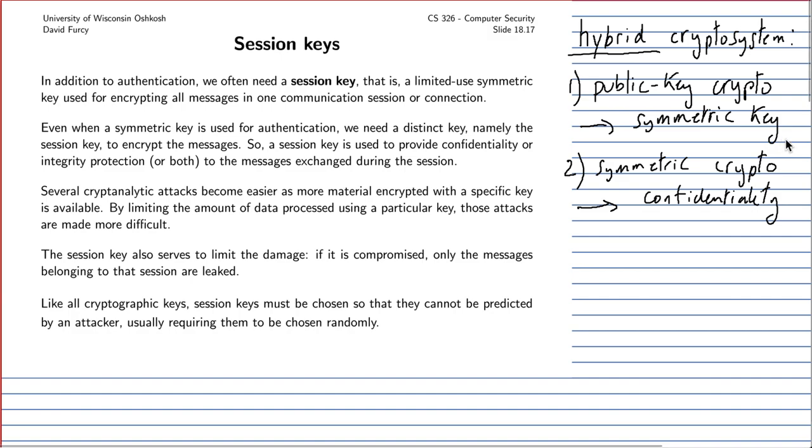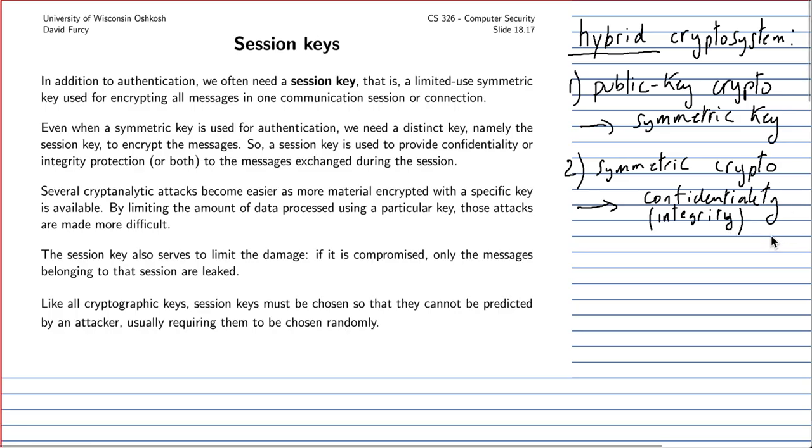The first thing to realize is that when using a symmetric key to enforce confidentiality and sometimes also integrity, as we discussed earlier, one or the other or both, you don't want to be encrypting a lot of messages with the same key.